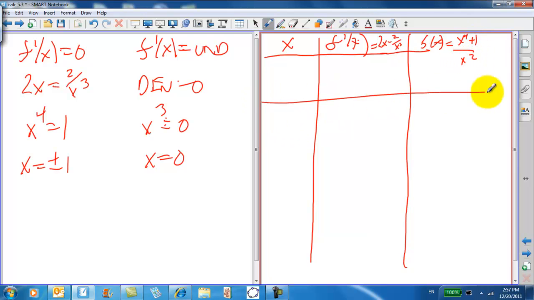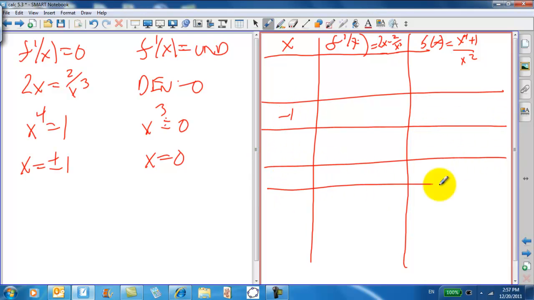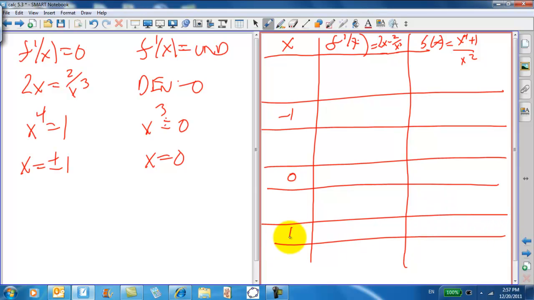So we have three critical numbers at -1, 0, and 1. And 1 and -1 made the derivative 0, and 0 made the derivative undefined. Now let's test points in between. So we try -2 in the derivative. That's -4 minus 2 over x cubed, so that's minus 2 over -8.